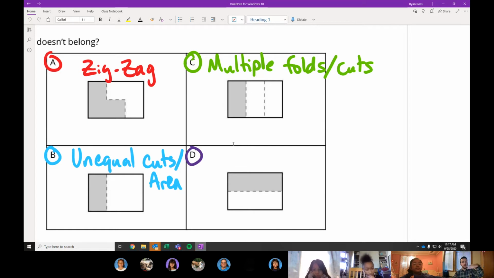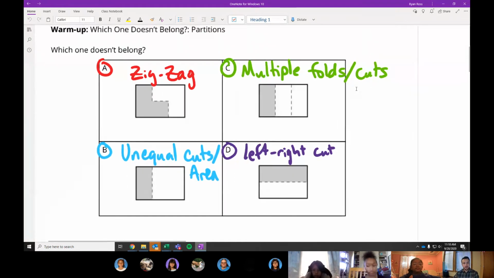So it's split down the middle. It's going like left to right? Yeah. So I'm going to say left, right, cut. So it's cut a little bit different. Very good job. Nice job, Tania. Nice job to the rest of you as well.